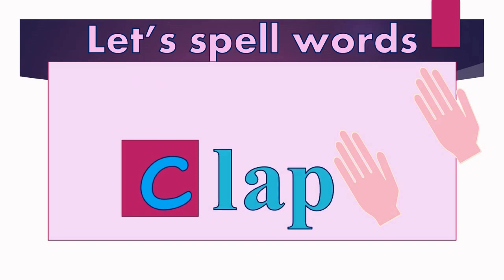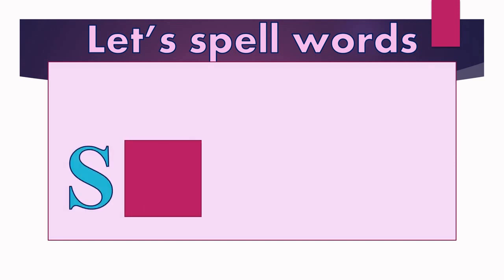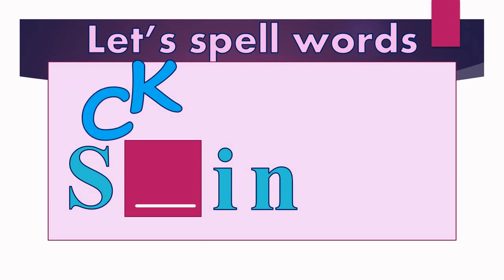Clap. Now let's spell the word skin. S-K-N. So now we have to write here the letter that sounds K. So here we have to write either C or K, as C and K both sound K. So let's begin with C. C before I. So what sound does C say if C is before I?